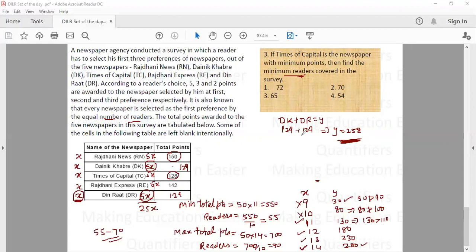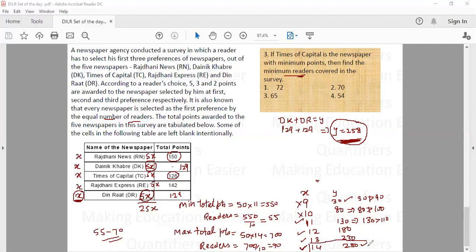With the help of the previous solution, I can say that these were the 4 cases possible: 11, 12, 13, 14, and the corresponding values of y were 130, 180, 230, and 280. But since in this case the value of y has to be at least 258, the only case possible is with 14 and 280.